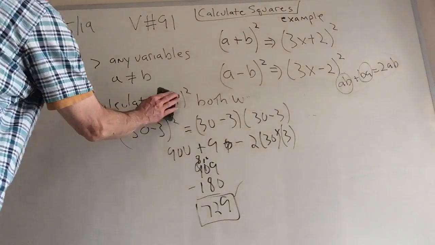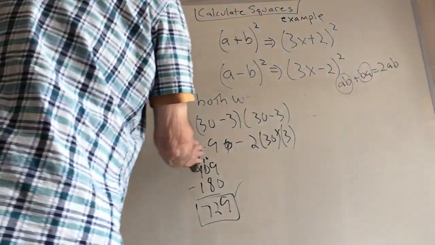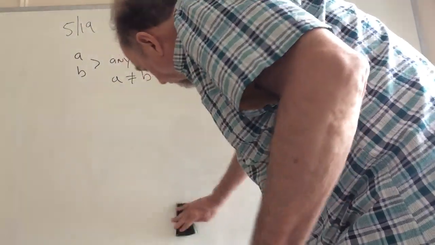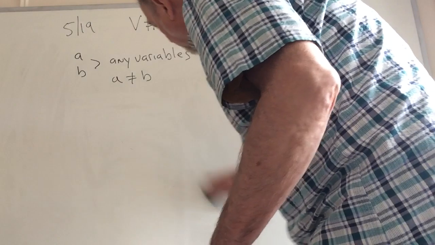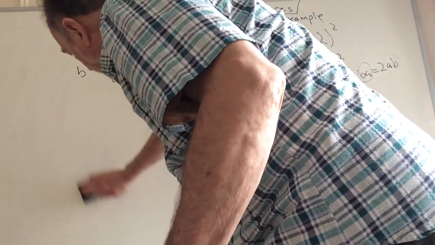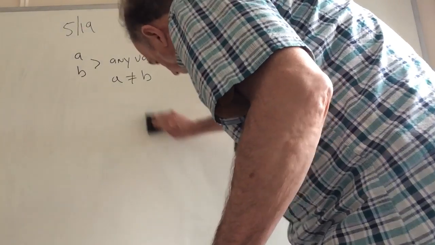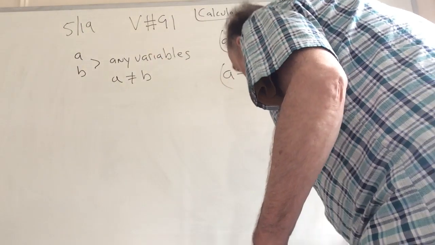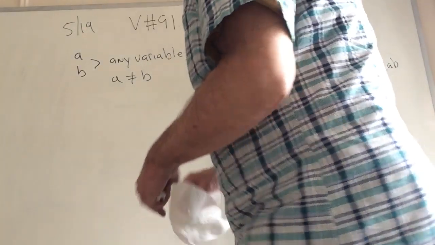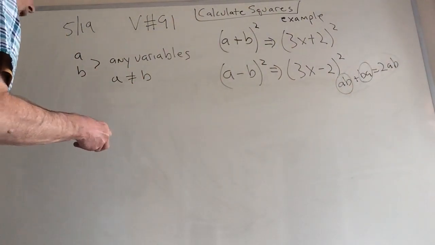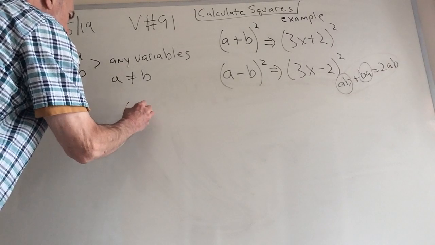I'll do it again for another number, and I'll just leave it open for you for a second so you can try to figure out what's going on. Here we are, cleaning up a little bit, and I'll write out the number, and let's see if we can figure out what 62 squared is, okay?